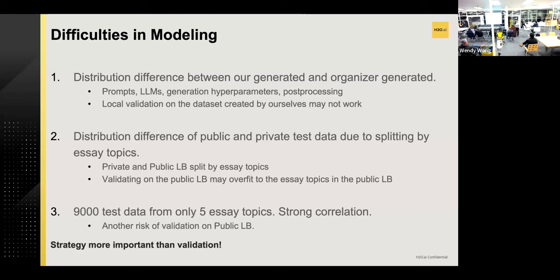This means if we somehow translate into IID data, the data set should be much smaller than the 9,000 test data, which is another risk of validation on the public leaderboard. Since we have all these 3 difficulties, I believe this is a rare Kaggle competition where strategy could be more important than validation.